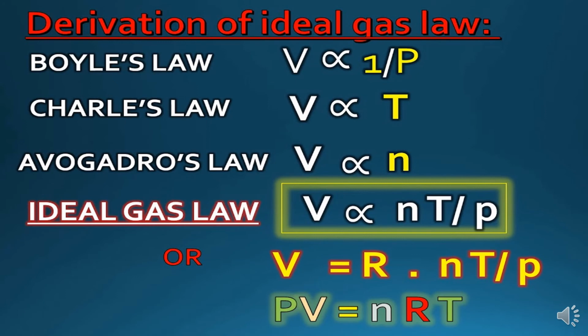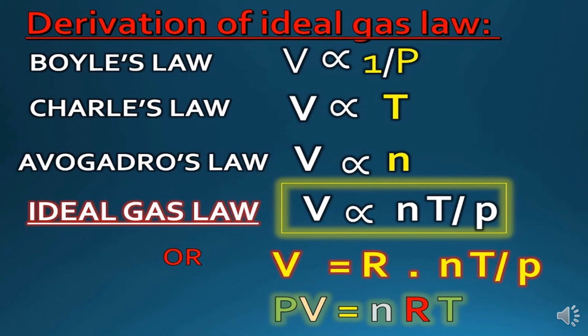Next is the ideal gas equation. A very important formulation for gases, when we combine these laws. From Boyle's law we get V is directly proportional to 1 over P. From Charles' law, V is directly proportional to T. From Avogadro's law, V is directly proportional to n.